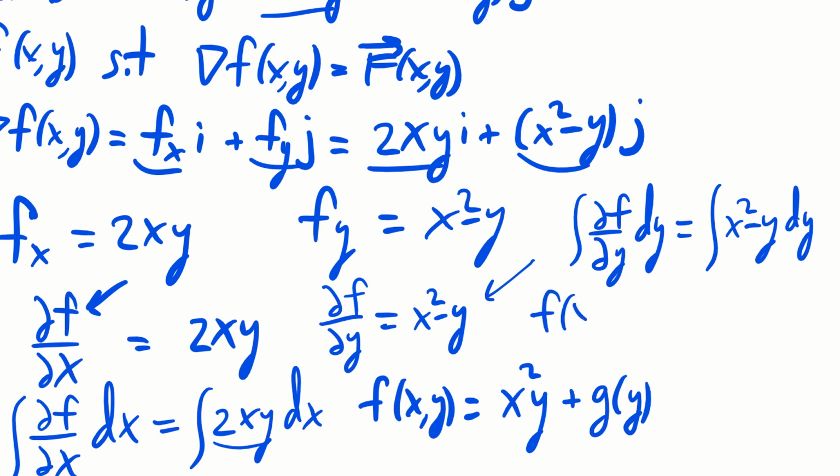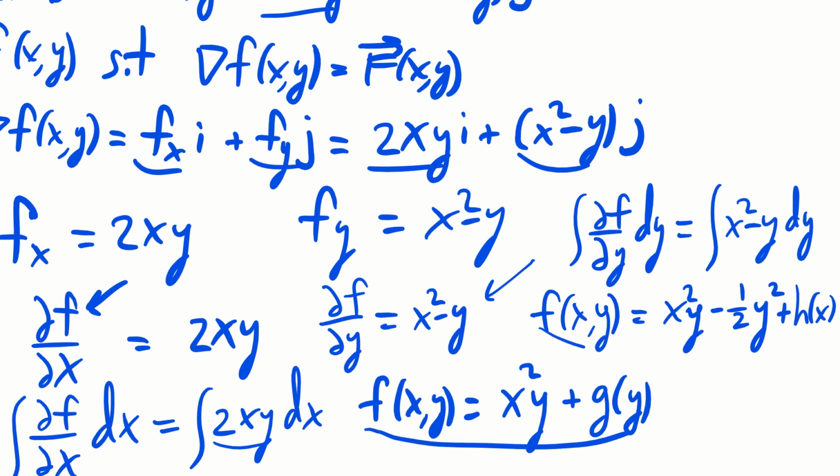This will tell us that f of x comma y will be equal to x squared y minus 1/2 y squared, and whenever we integrate with respect to y, we could get a function of x here. Let me call that h of x.